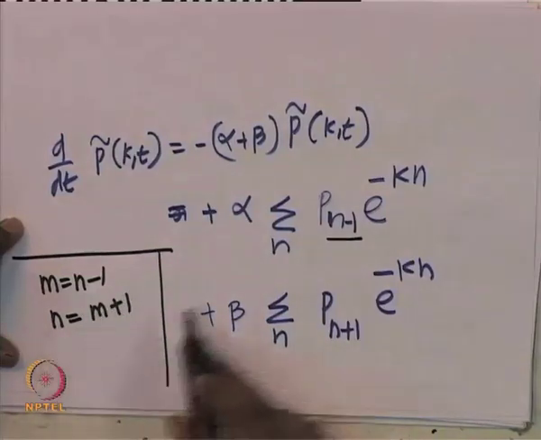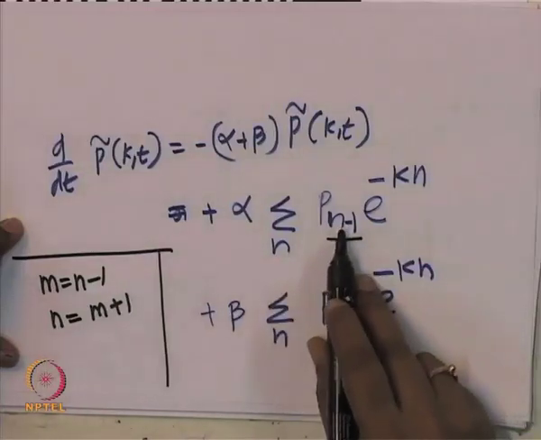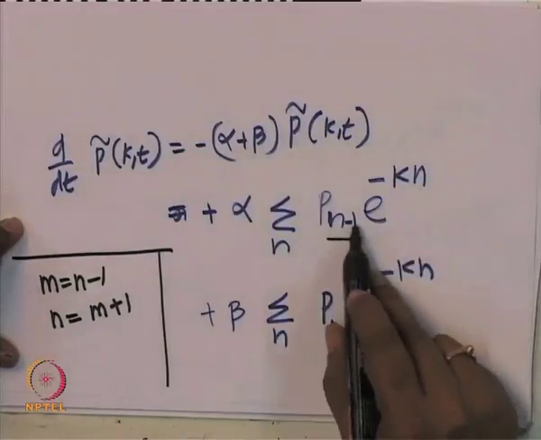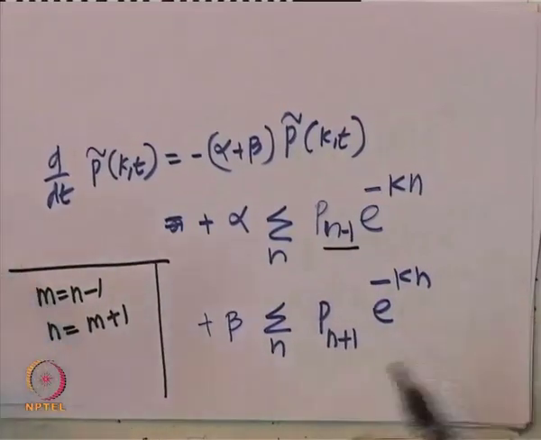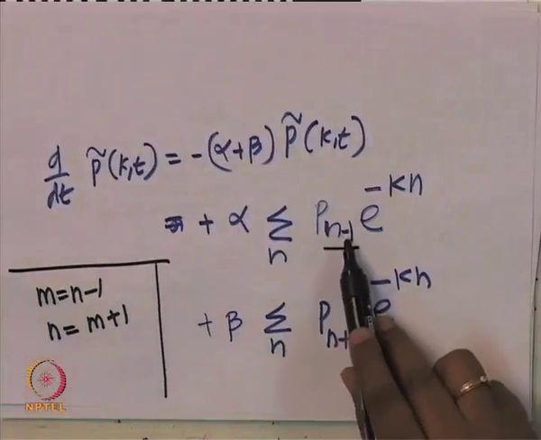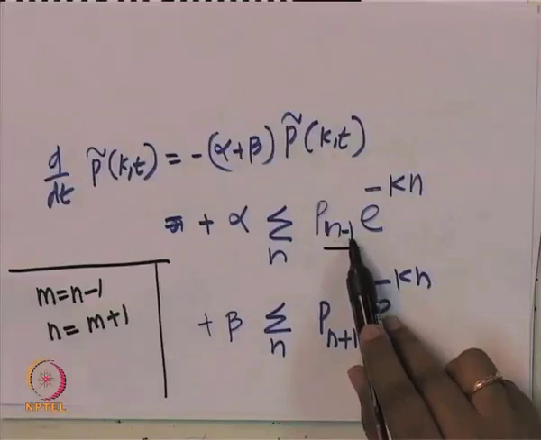So, instead of wherever n, I can write m plus 1, and wherever n minus 1, I can write m. n minus 1 is a number anyway, so I call this n minus 1 as m, and so what happens to this term?